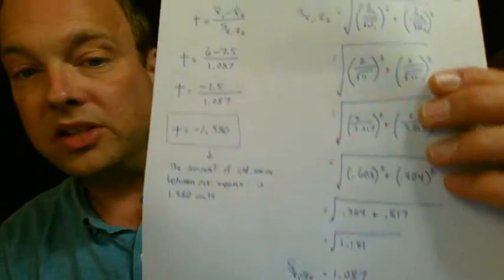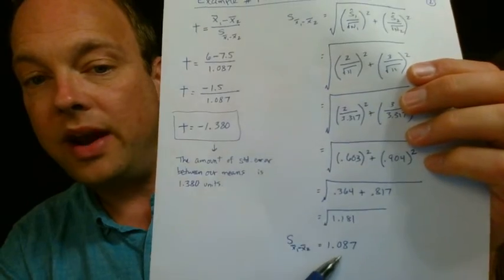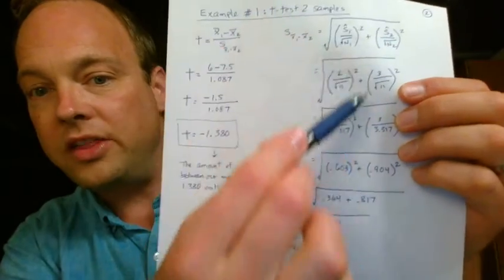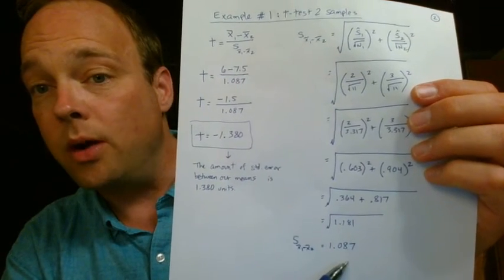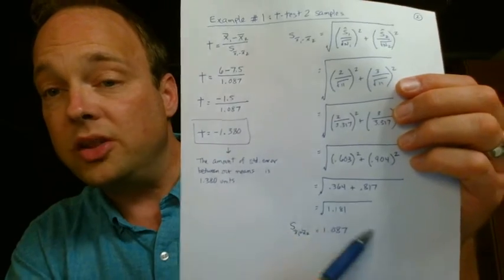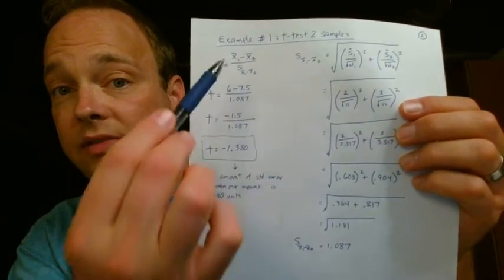So that means that S sub x bar 1 minus x bar 2 equals 1.087. That number right there, 1.087, which came from all these steps, is going to go into the denominator of my t formula.